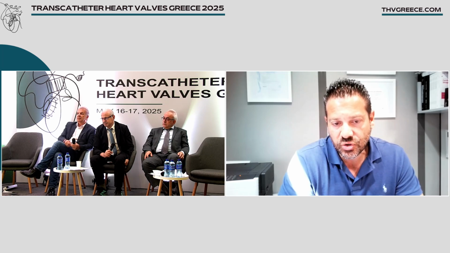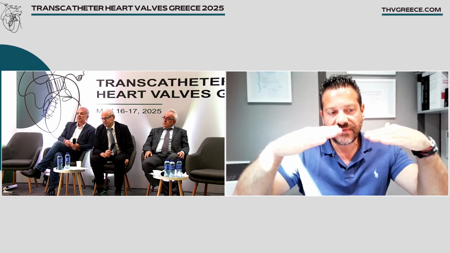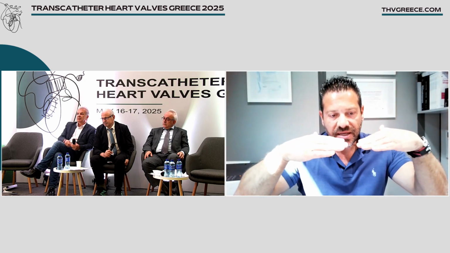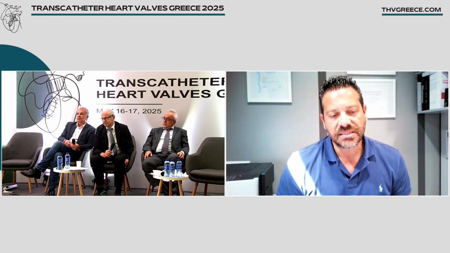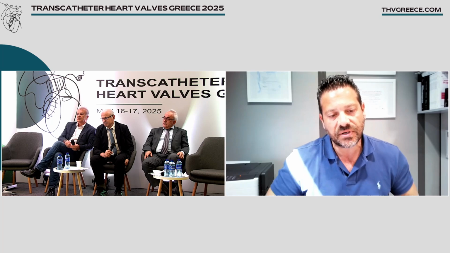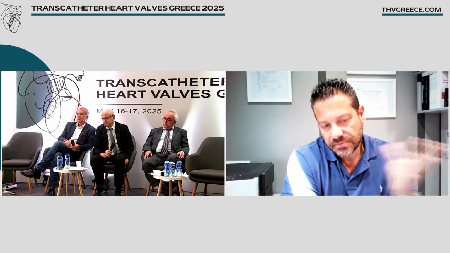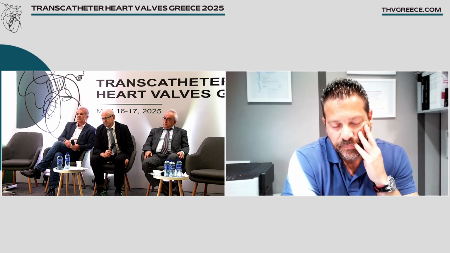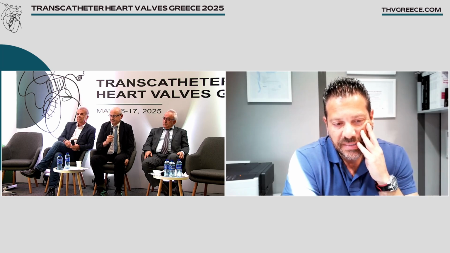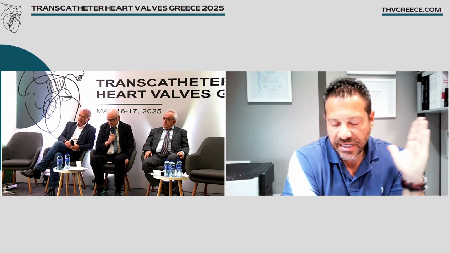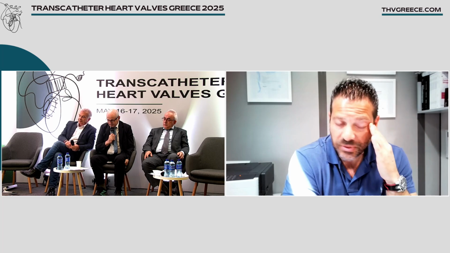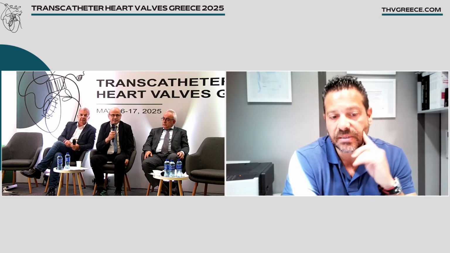And I'm not sure if very flattened leaflets make the grasping difficult for the interventionists. This is something that the interventionists should answer. But in my opinion, if the anatomic criteria are met, we don't have issues for atrial functional TEER.